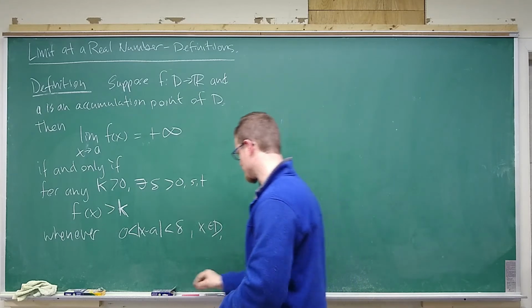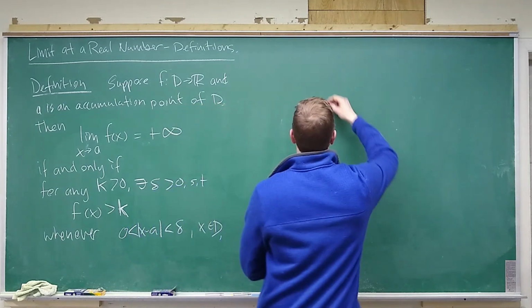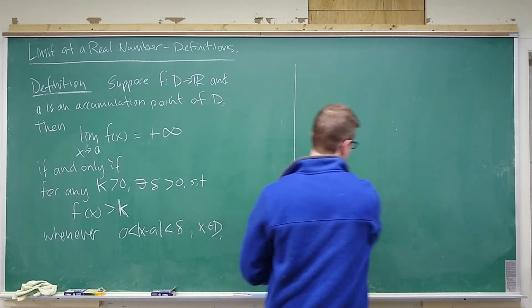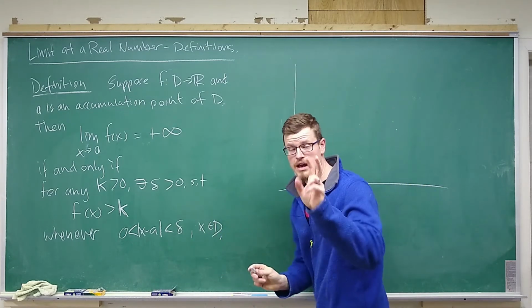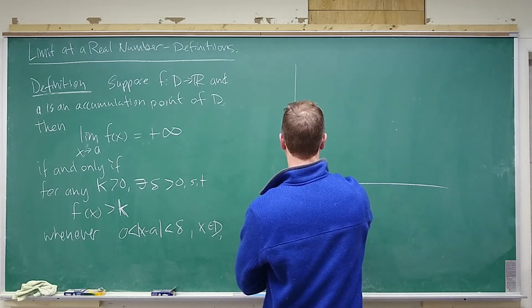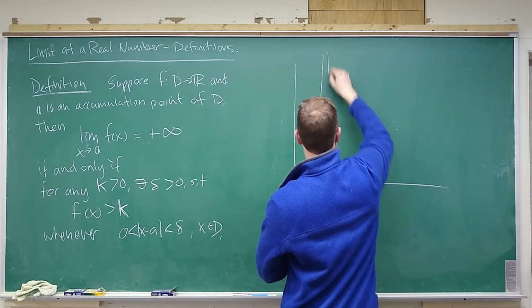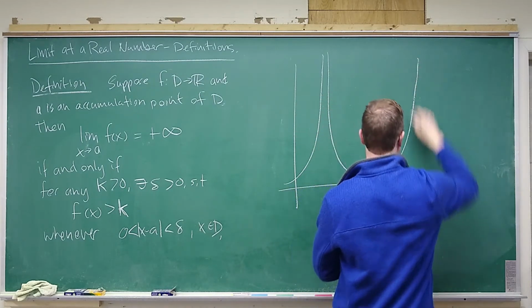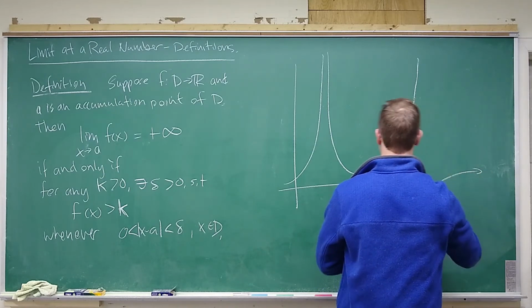All right, so what does this really look like? Well, to keep things simple, let's draw a graph. Now I'm going to have two examples on here, though. So let's have our first one look like this, and our second one look like this.